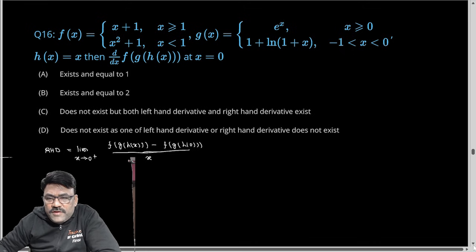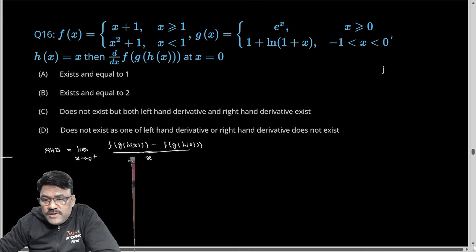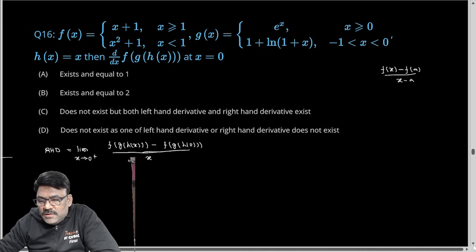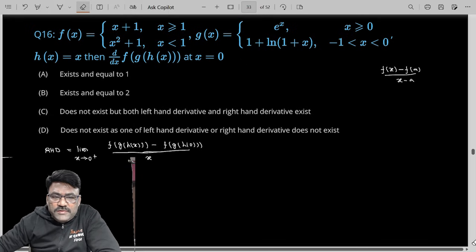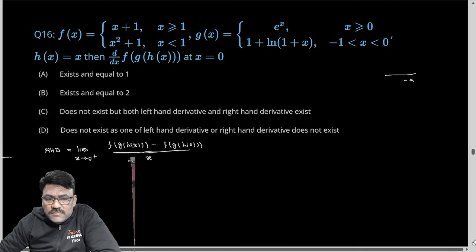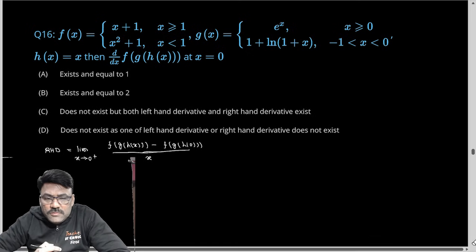Whenever you are checking the differentiability of a function f(x) at x is equal to a, you write f(x) minus f(a) over x minus a. When x is approaching a plus, it is right hand derivative. When x is approaching a minus, it is left hand derivative. So here I am checking the right hand derivative.